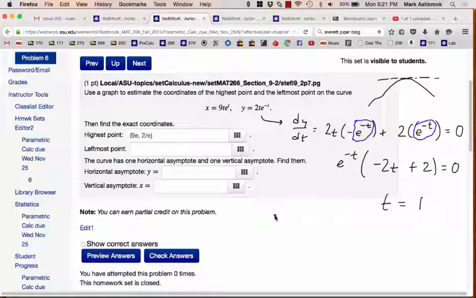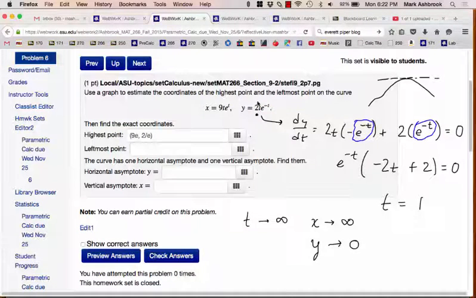So when t gets really large, what happens to x? x just gets really, really big, so we know it's going to go way out to the right, and then what's y going to do? y is going to go to 0, right? So the limit as t gets really big, y will go to 0. That's telling us that for very large values of t, we're going to go way out to the right, and we're going to get closer and closer to 0. That's a horizontal asymptote.